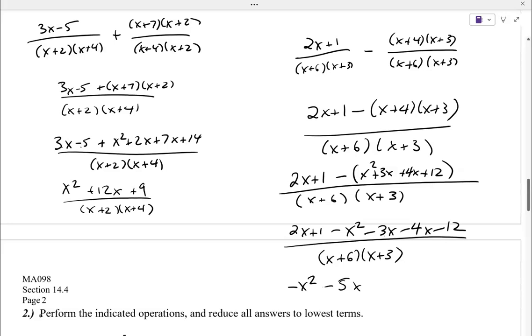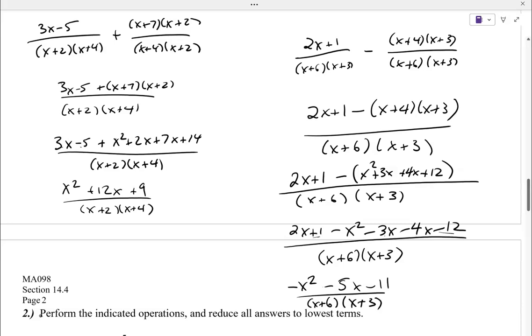Plus 1 minus 12 gives you negative 11. Good. And then over x plus 6 times x plus 3.